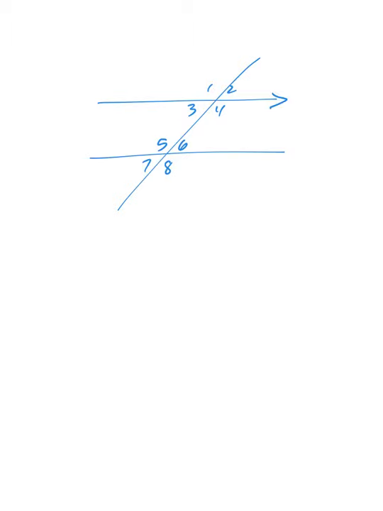The last two are vertical angles. And vertical, did we write this one down? Yeah, because it looks different on this picture. Vertical angles are across each other on an X, right?